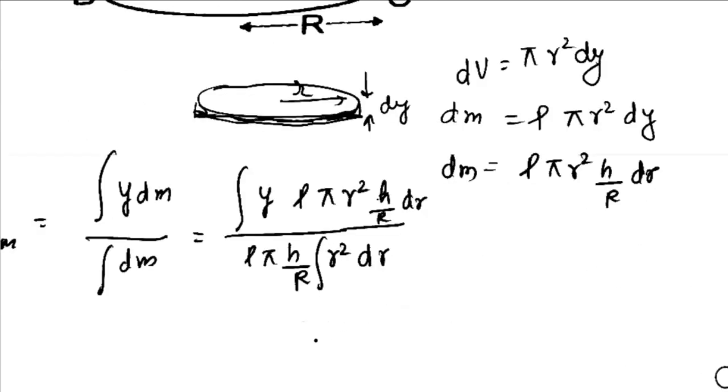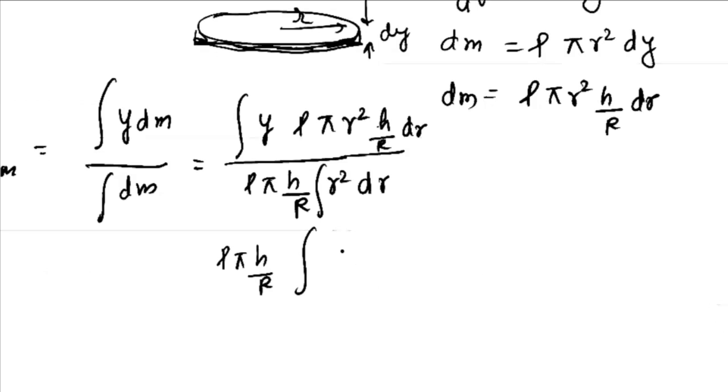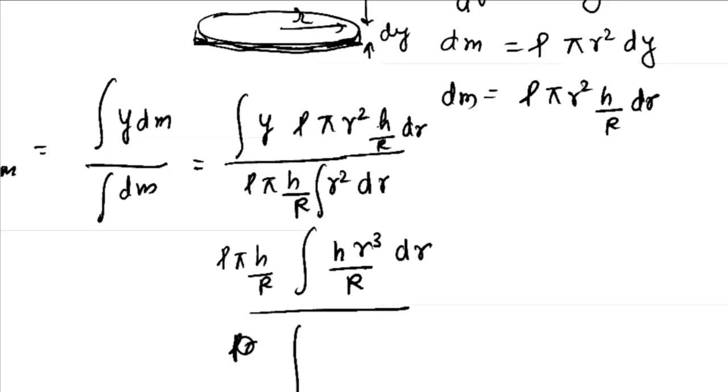Take the constant outside, so rho pi by h R is constant, and the y, h r by R, I put here, and this is r square, so I will write here r cube, and again this is outside, so this will get cancelled out.